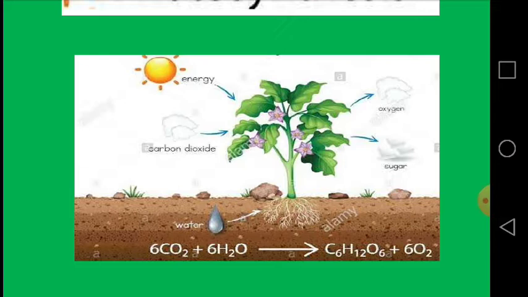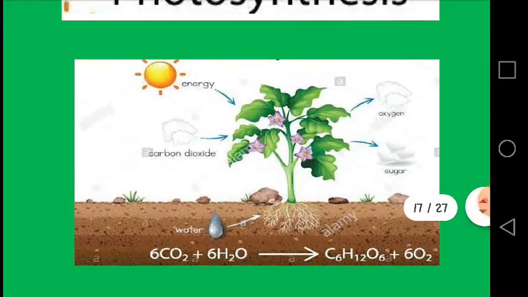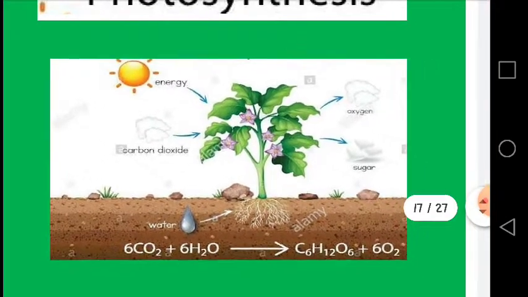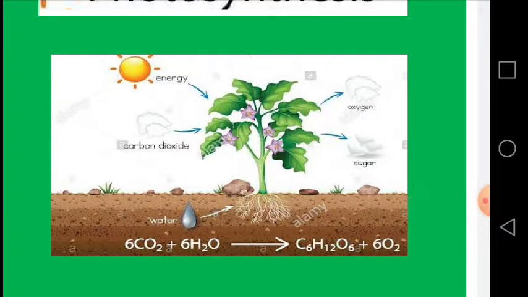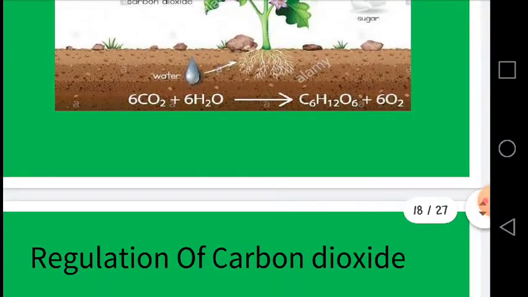If its level increases, you know that carbon dioxide is an acidic gas, and this can be very harmful for all organisms, specifically the animals on this planet. So photosynthesis is the process which uses the carbon dioxide and forms glucose, and oxygen is released as a byproduct. So these are the three processes.